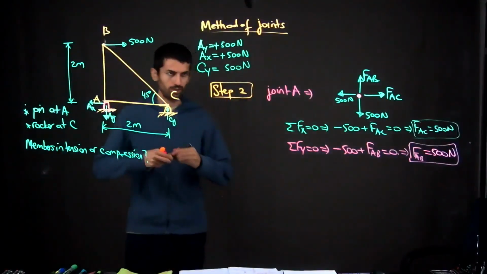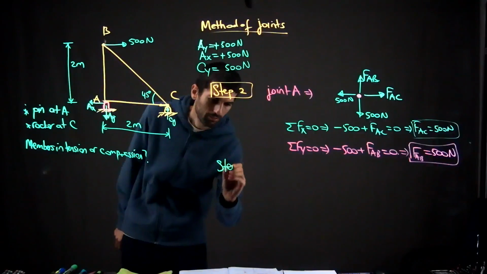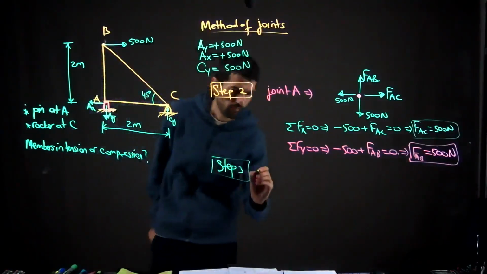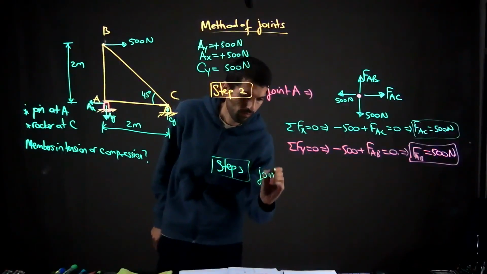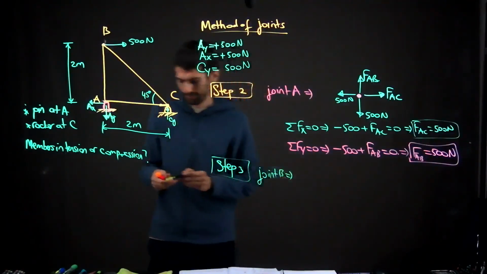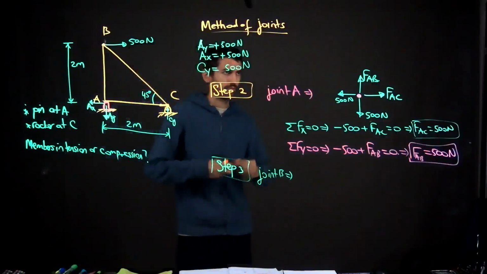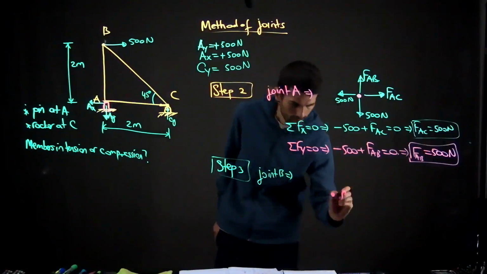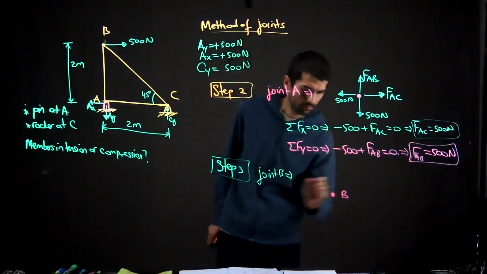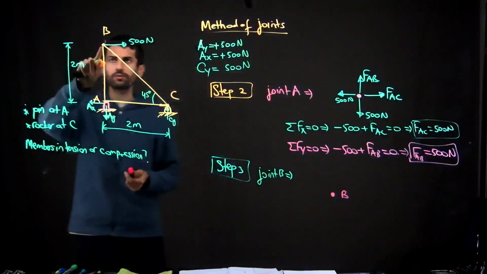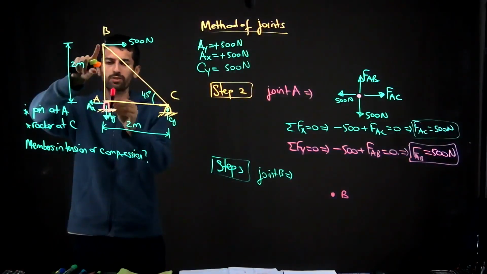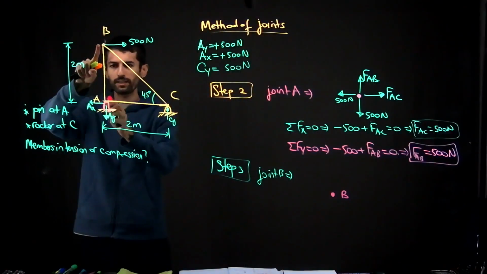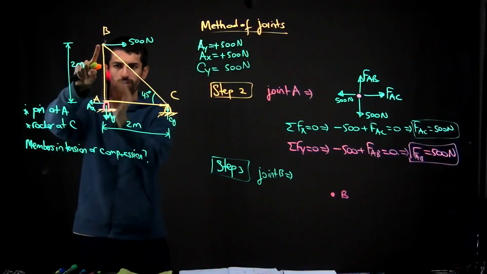Okay, so we will have the joint B. And for joint B, we have found that this force for A is in that direction, it pulls.